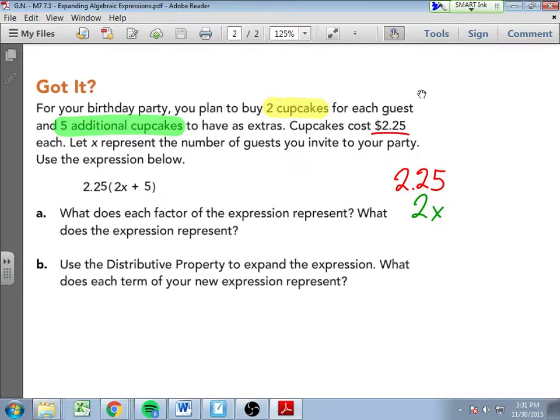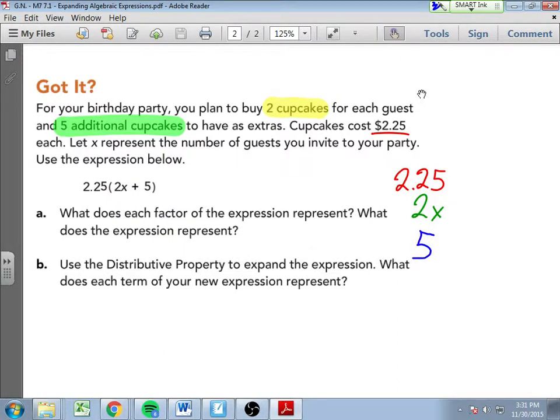But the reason I don't say 2 and 25 is then it sounds like an addition problem. So when I say 2.25, it's a little bit clearer. 2.25 is still correct, it's the same thing. It's just a little more definitive for what you're writing, and it's quicker to say. And then your 5, okay.